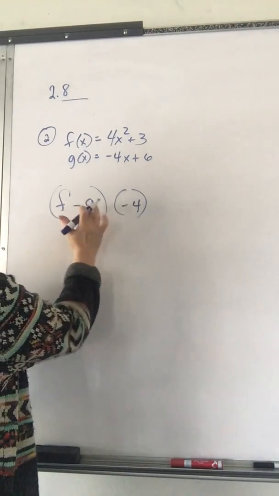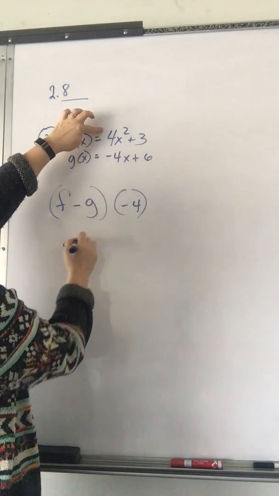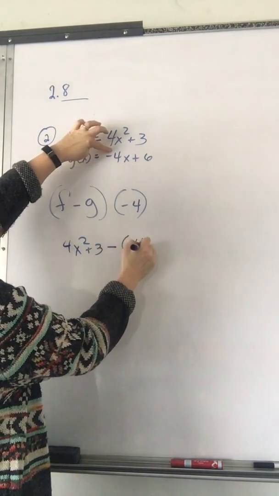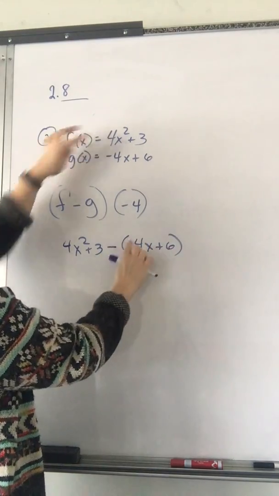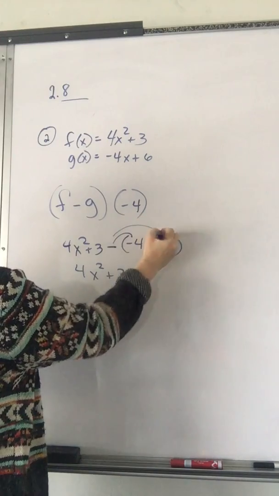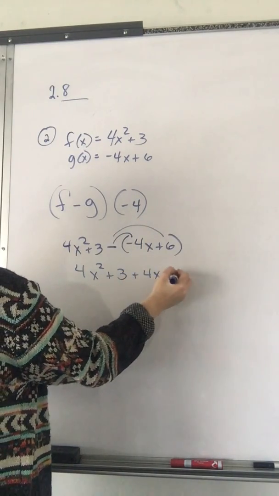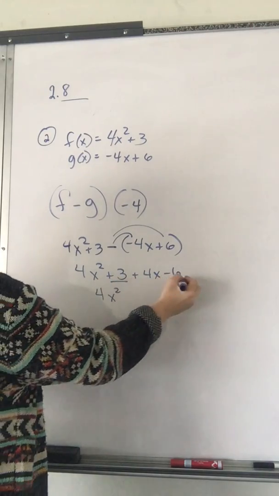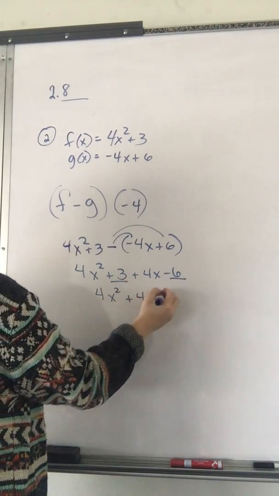I'm going to do f minus g algebraically first. Take function f, subtract function g. Since there's two parts, that'll distribute my negative sign, and that'll make it a plus 4x and a -6. Then you can simplify the 3 and the -6 will be -3.